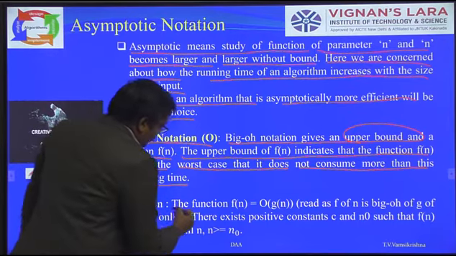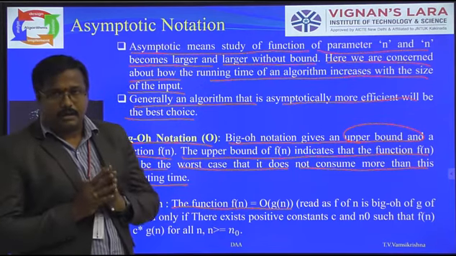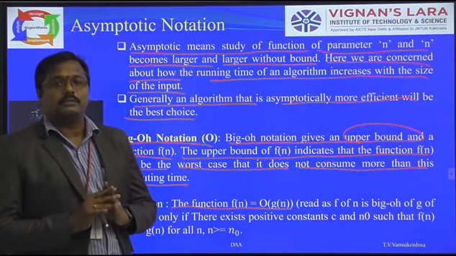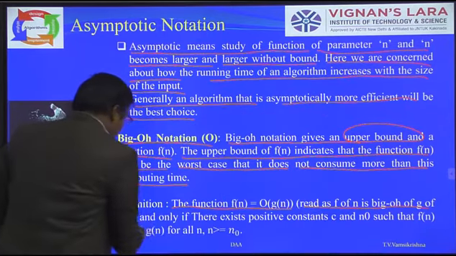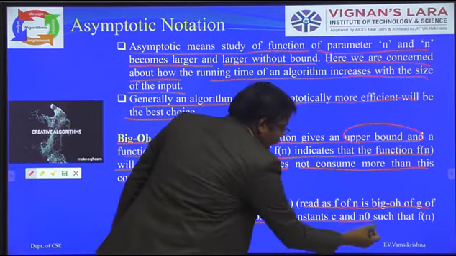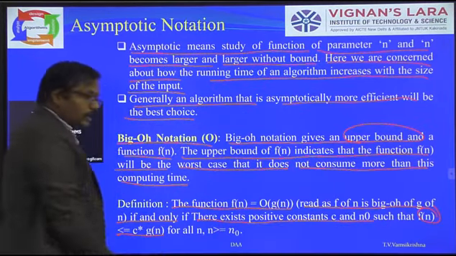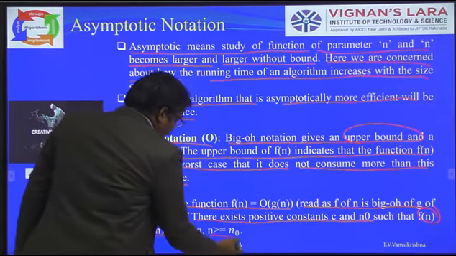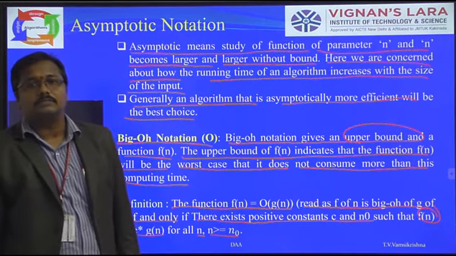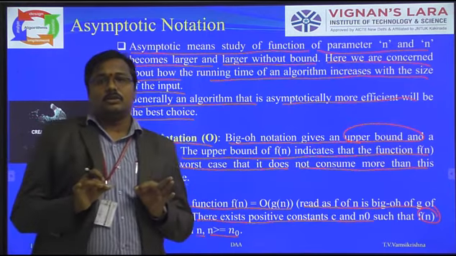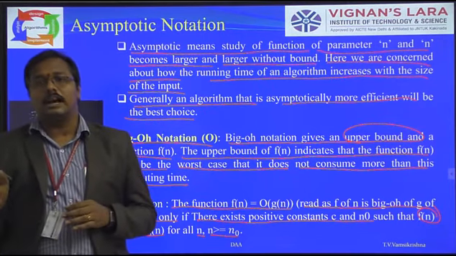Right. So the definition: the function f of n is equal to big O of g of n if and only if there exist positive constants c and n naught such that f of n is less than or equal to c into g of n for all n greater than or equal to n naught. That is a purely mathematical definition.